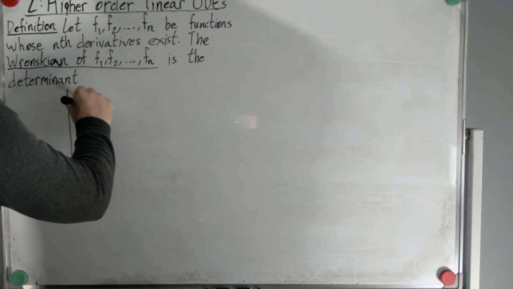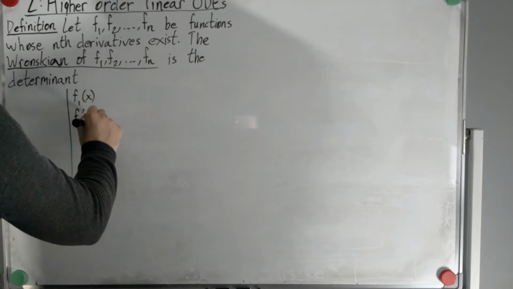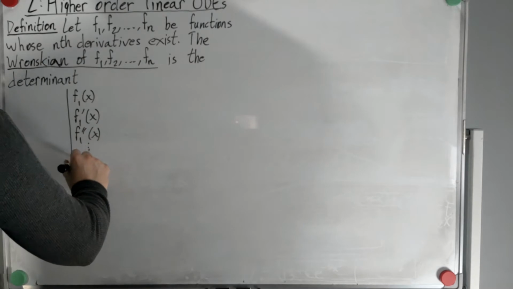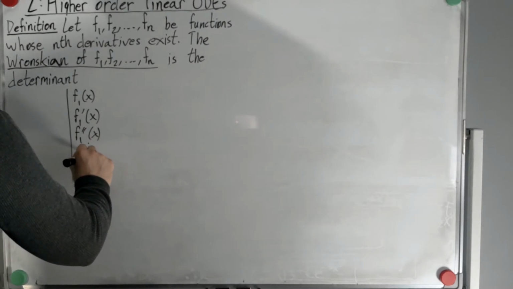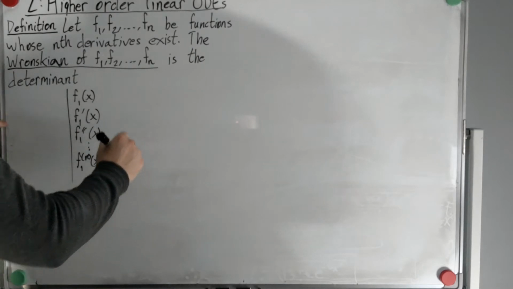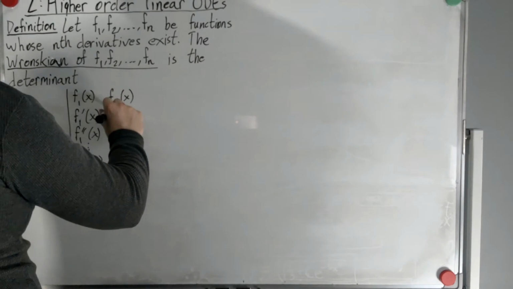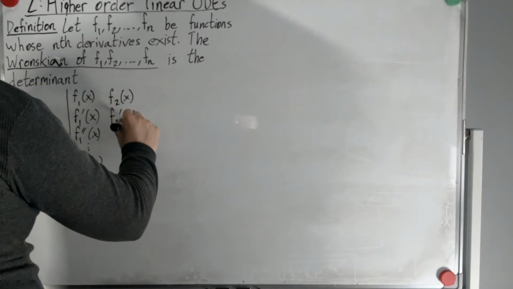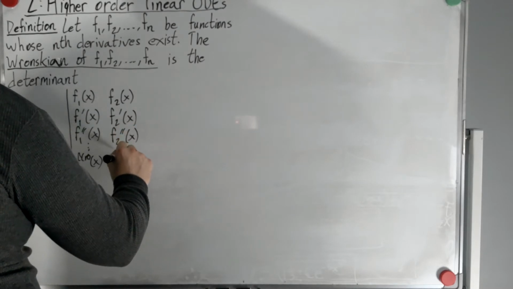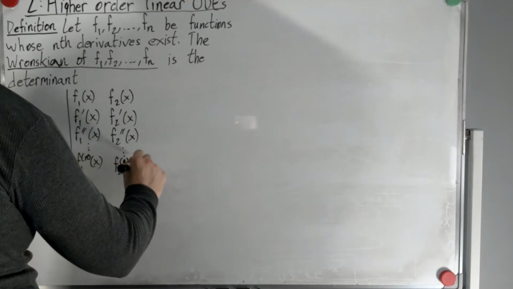So you've got to take the determinant of f1 of x, then f1 prime of x, then f1 prime prime of x, all the way down to the nth derivative of f1. Then f2 of x, f2 prime of x, f2 prime prime of x, all the way down to f2's nth derivative.